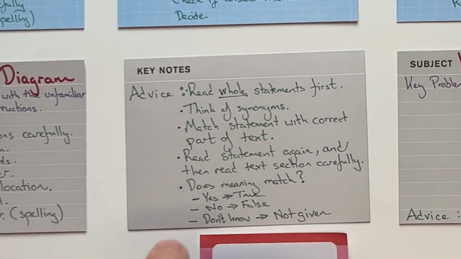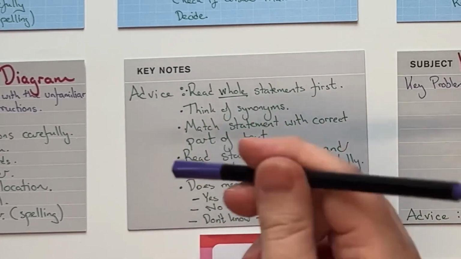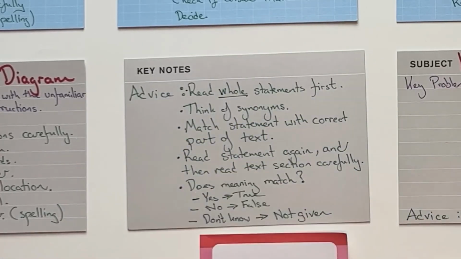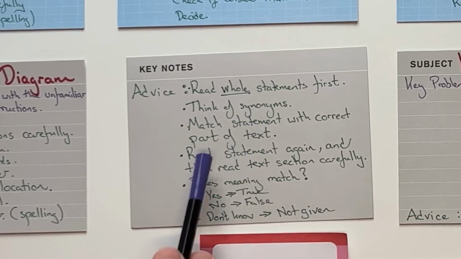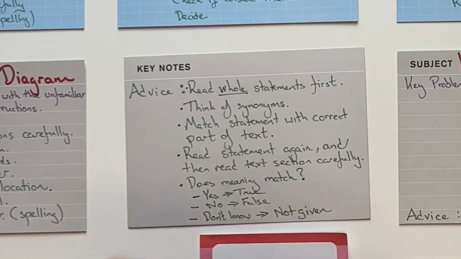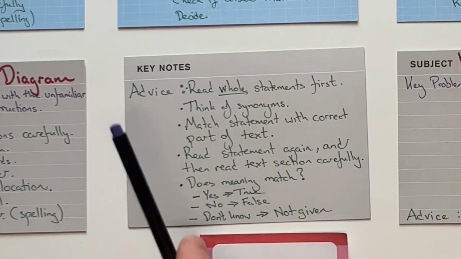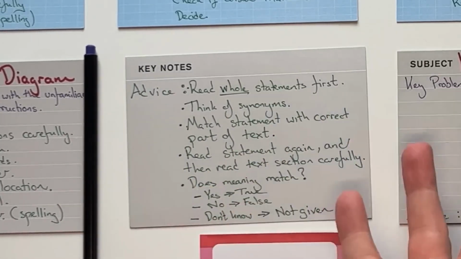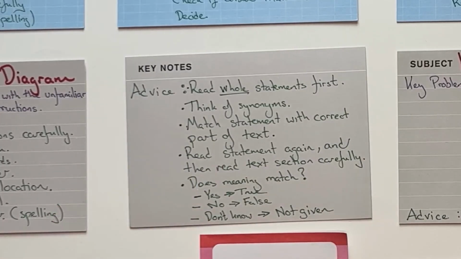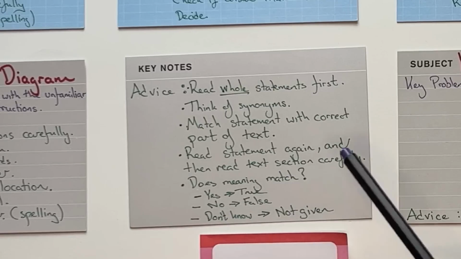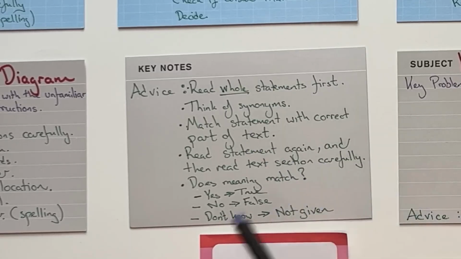If you're really focusing on pen, you will miss writing instrument or writing utensil or something like that, and you'll never be able to move on to the next part, which is matching the statement with the correct location in the text. Because the statement says pen, the text says writing utensil. If you are thinking about synonyms and you're open to seeing them, then you're going to find them much quicker.